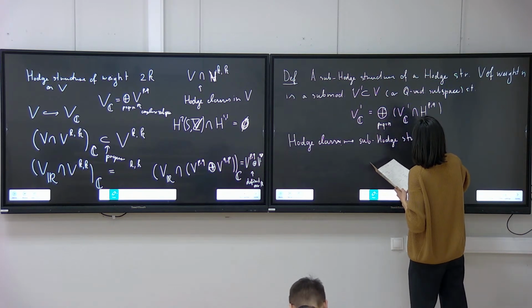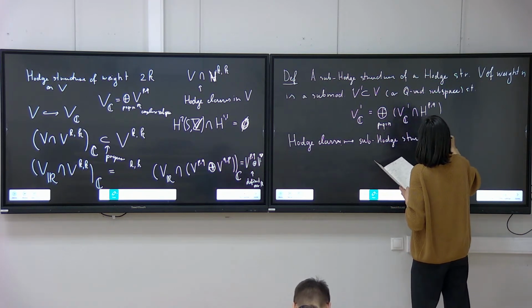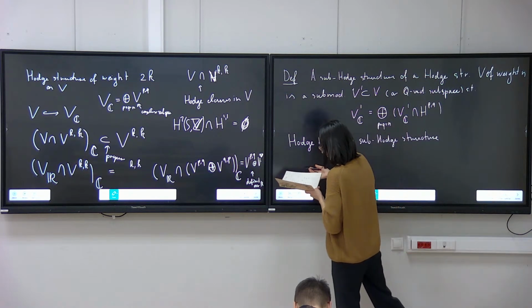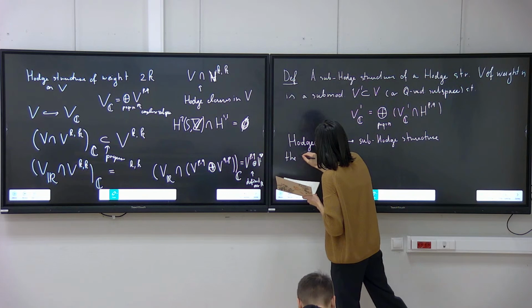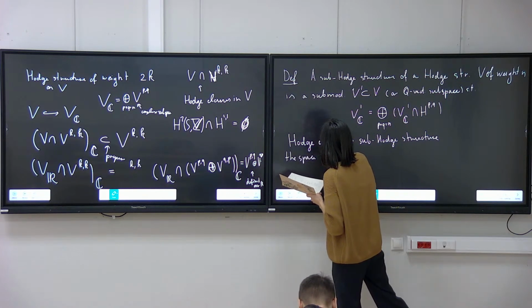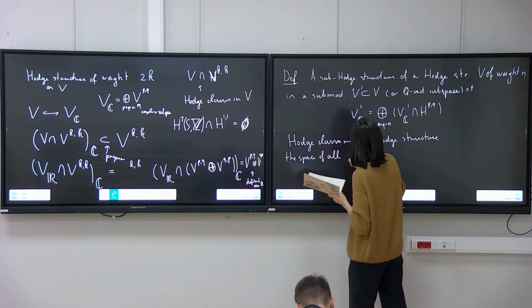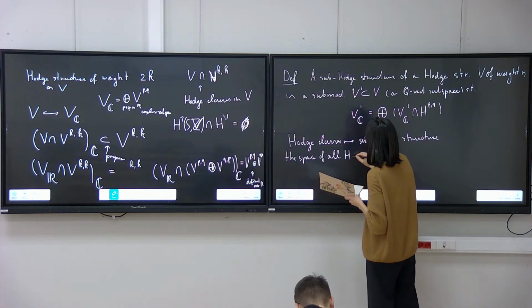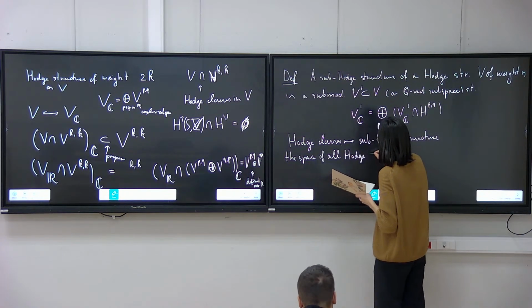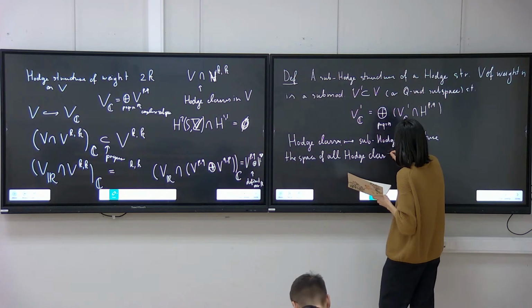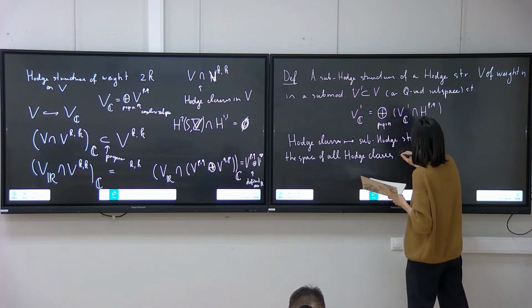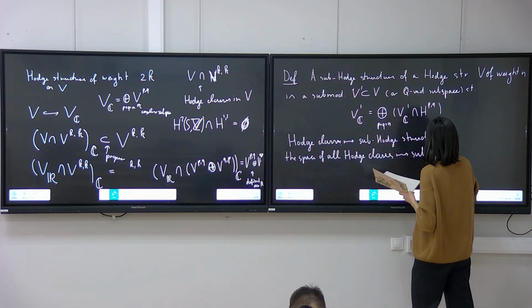Sub-Hodge structure. And of course the space of all Hodge classes also gives you a sub-Hodge structure.